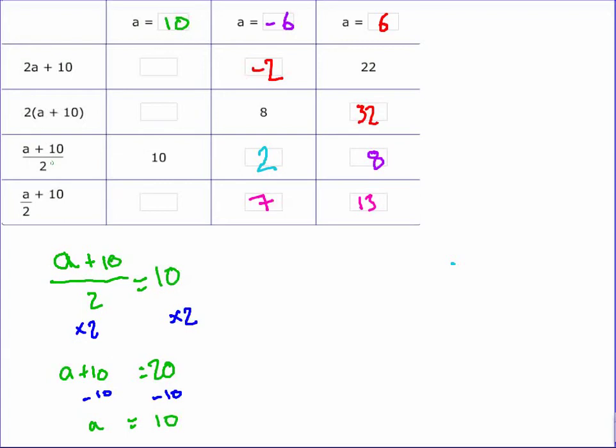Next one I have 2 times 10 plus 10. Well, 10 plus 10 is 20, so 2 times 20, which is 40. And the last box to fill, I have A over 2 plus 10, which is 10 over 2 plus 10. Well, 10 divided by 2 is 5, plus your 10, and that gives you 15.